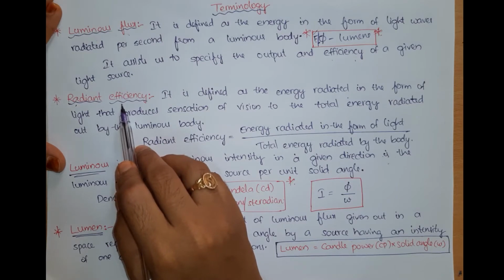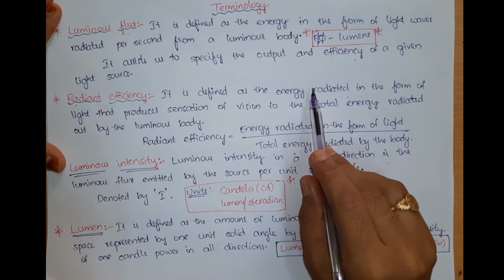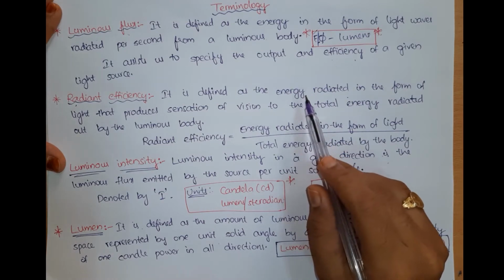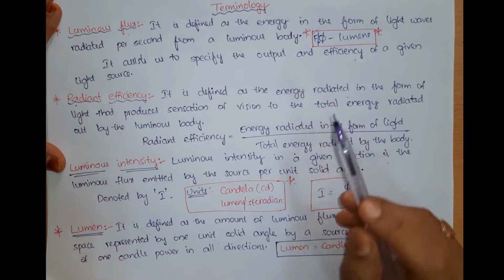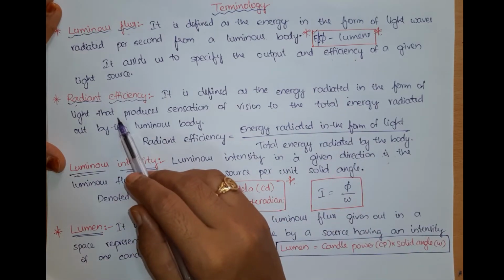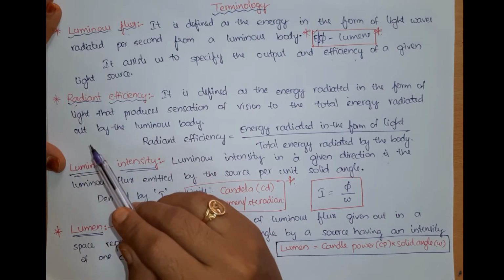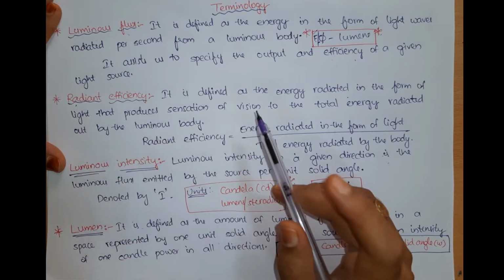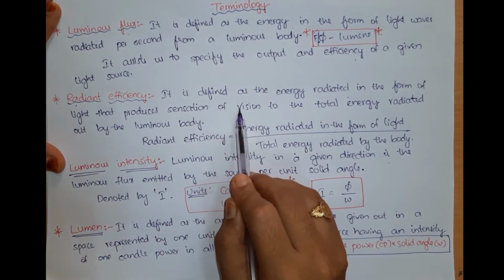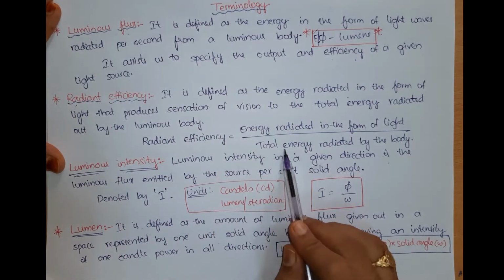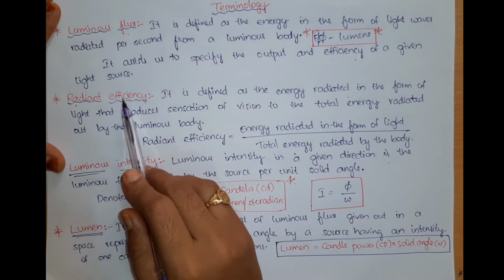All of the light energy coming out of the light source may not reach our vision. Some of it may get deviated due to conduction, convection, radiation or some other source, right? So there might be some loss. So whatever amount of light energy reaches our eyesight or produces sensation of vision to the human eye, to the total energy radiated by the body, that is called radiant efficiency.